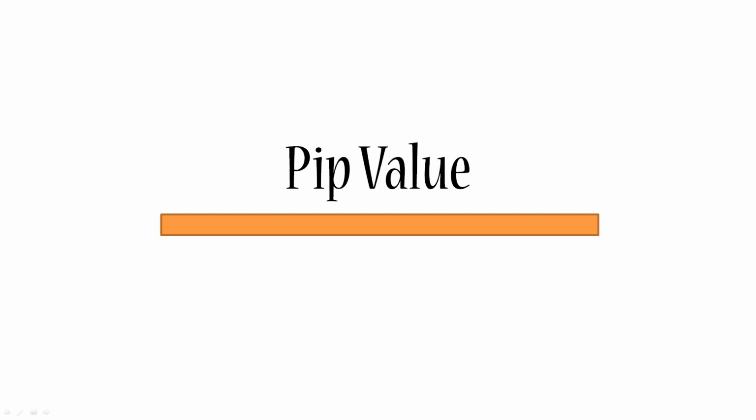In today's tutorial we will be talking about Pip value. Now we already know what a Pip is. It represents a unit of change in the quotation of a currency. Pip value will allow us to translate pips into dollars. It will help us understand how a certain number of pips means a certain amount of profit on our account.